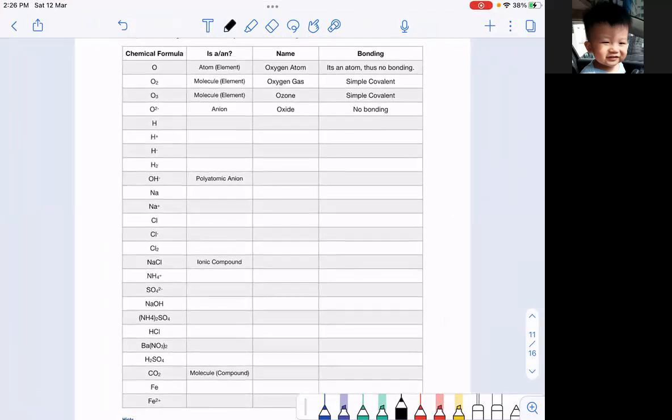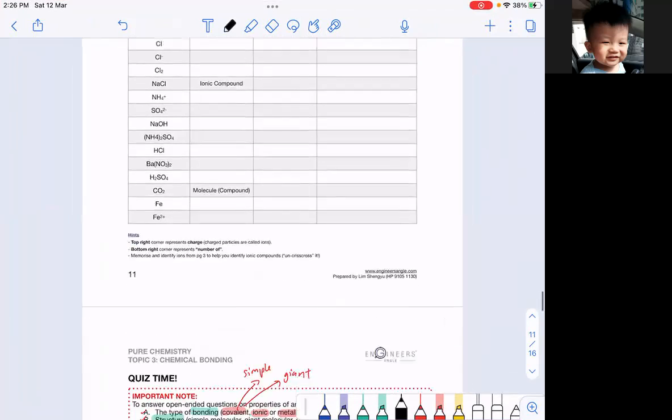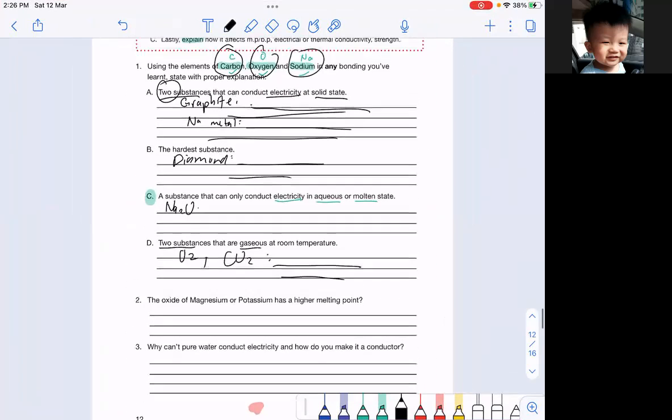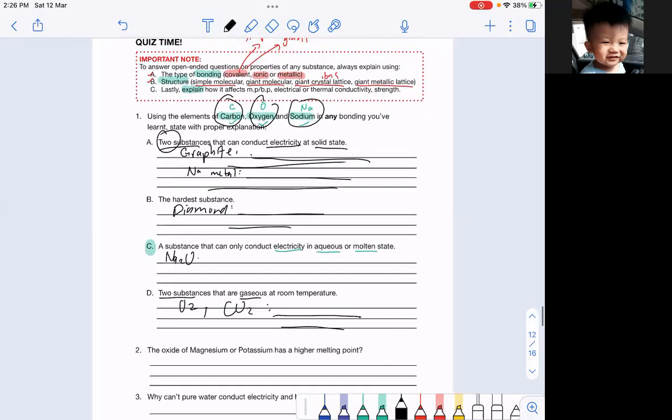This page, I got some sample answers. I'm not going to tell you much about it first, so go and try. You can copy the same stuff. O is atom and H is atom. Now you can fill in the blanks. Use a pencil. If anything is wrong, we'll talk next week. Okay? For the rest of the time, 3 minutes left, just do as much as you can, and I'll let you go on time. Use the toilet.